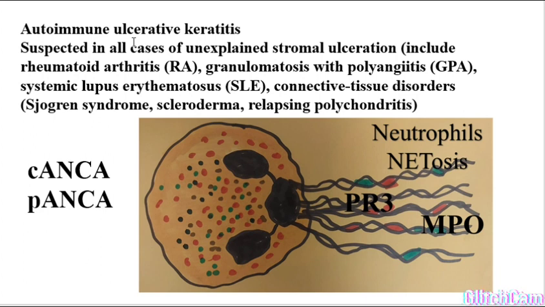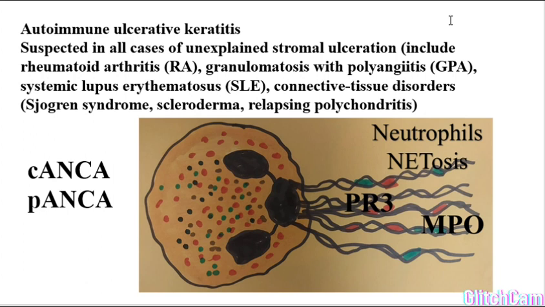This type of ulceration, we call stromal ulceration. In such a case, we suspect autoimmune ulcerative keratitis in all cases of unexplained stromal ulceration, and this may be the predisposing factor for this ulcer.